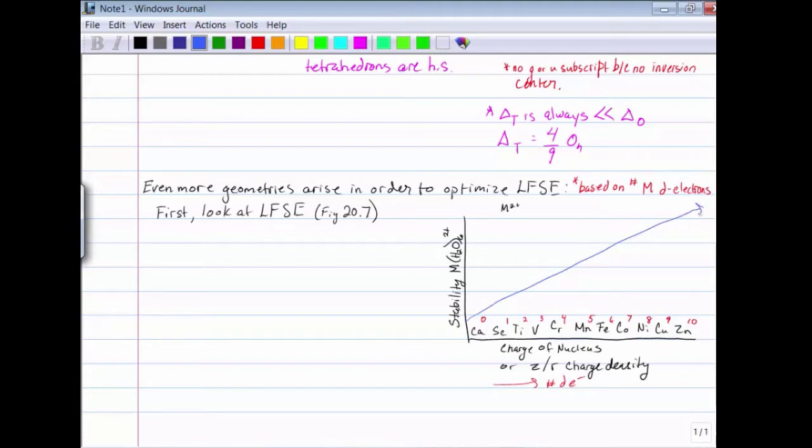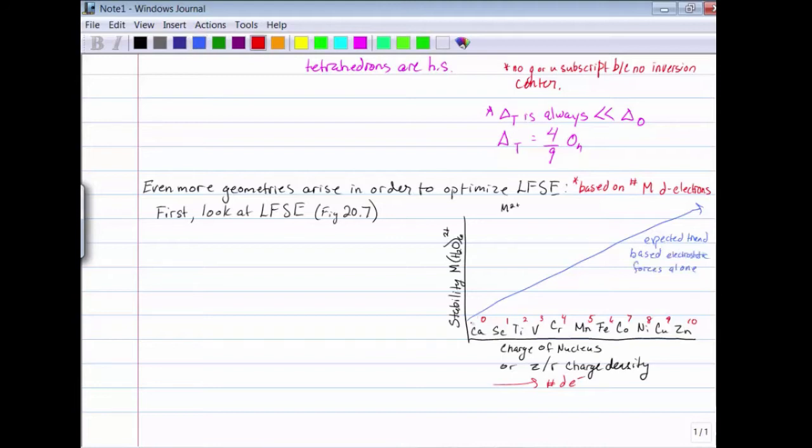So you would expect that as the charge of the nucleus increases, or as the charge density increases, you would have an increasing stability of the metal complex. However, that's not really what we get. So I'm going to label this as the expected trend, and this is based on electrostatic forces alone.